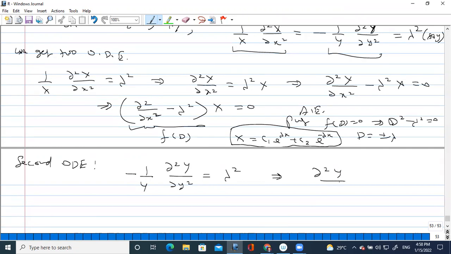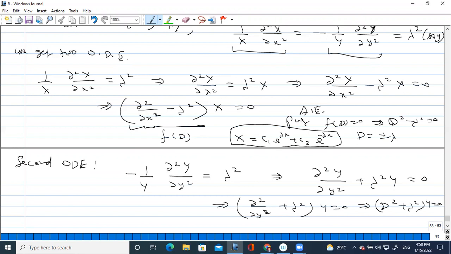It will become d²Y/dy² plus lambda square Y is equal to 0. So here d²/dy² will work as D, so (D² plus lambda square) Y equal to 0. So this is your F(D).